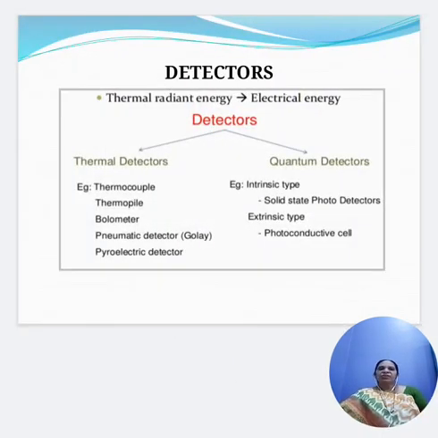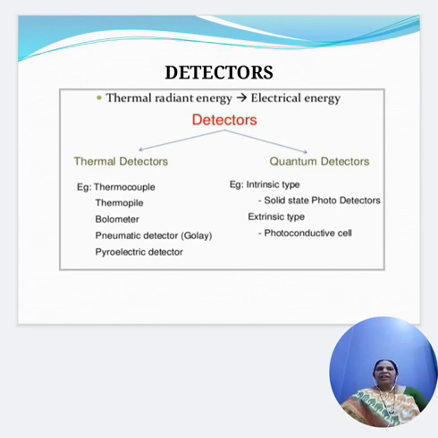Then coming to the next stage, your detectors. Detectors used in infrared spectroscopy are mostly thermal detectors and quantum detectors. In thermal detectors, the thermal radiant energy is converted into electrical energy.